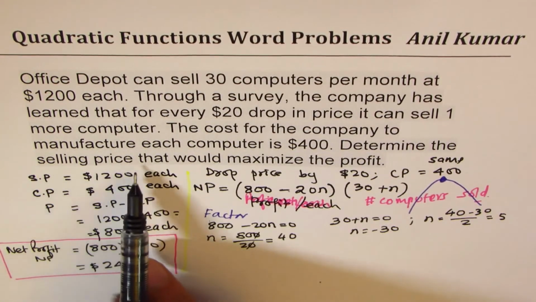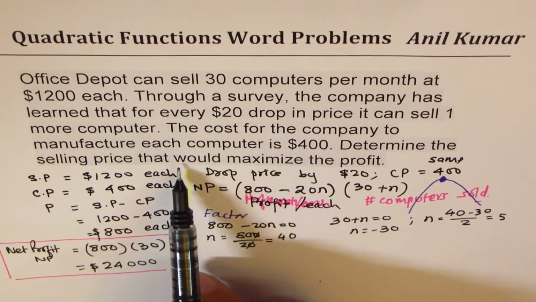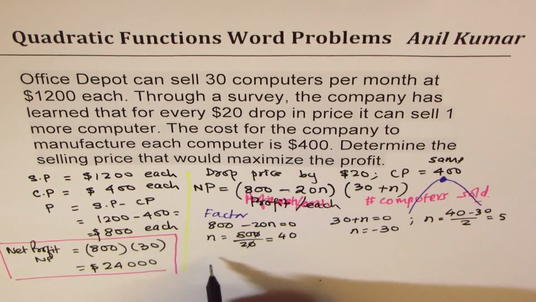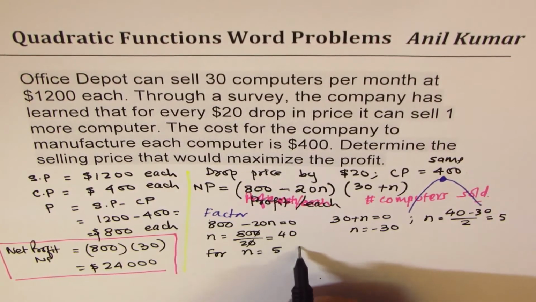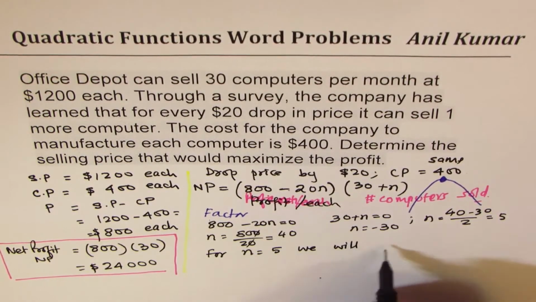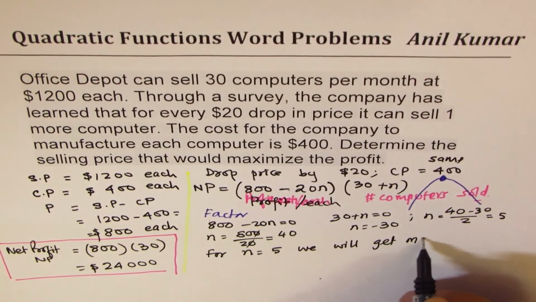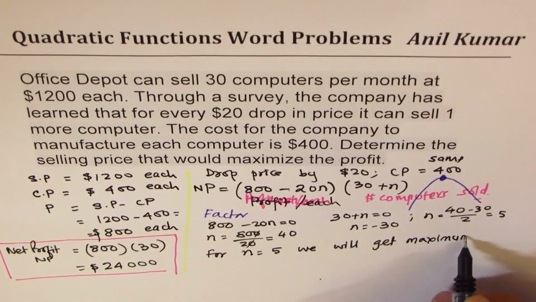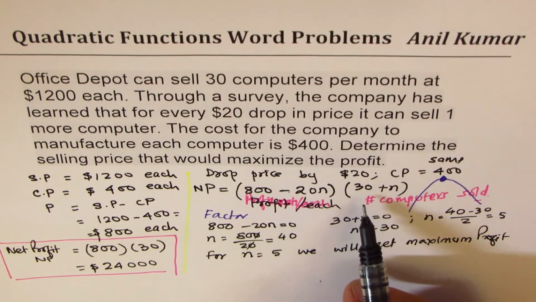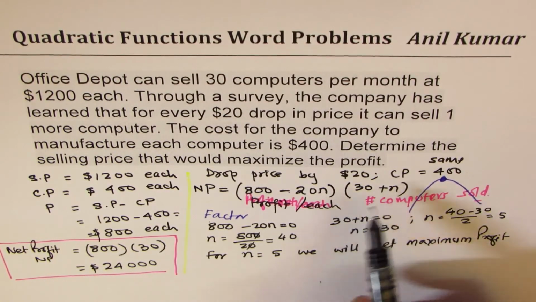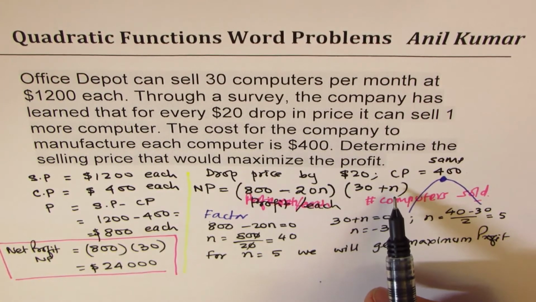Determine the selling price that would maximize the profit. So for n equals to 5, we will get maximum profit.